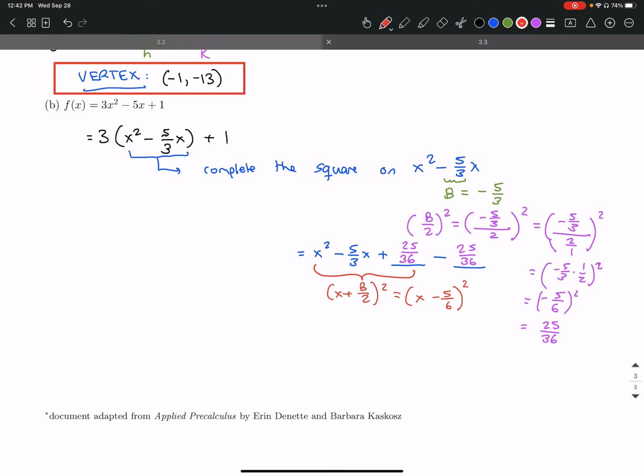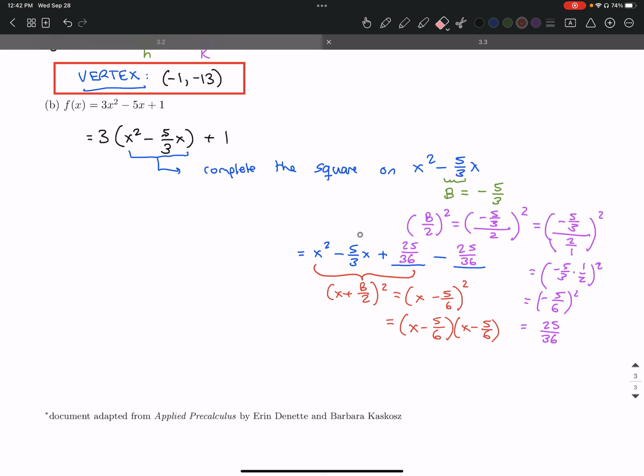And let's check that this makes sense. This means x minus 5/6 times x minus 5/6. If this were to work, the 2 numbers here, negative 5/6 times negative 5/6, should multiply together to give me 25 over 36, which they do. And what happens if I add them together? Well, negative 5/6 minus 5/6 is negative 10/6.